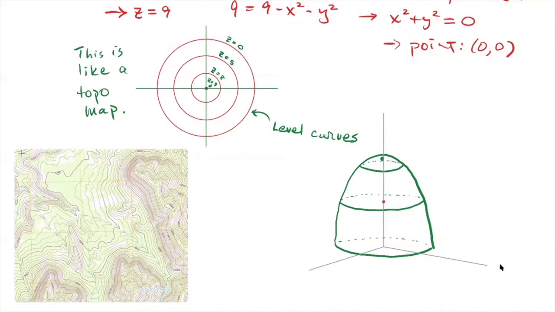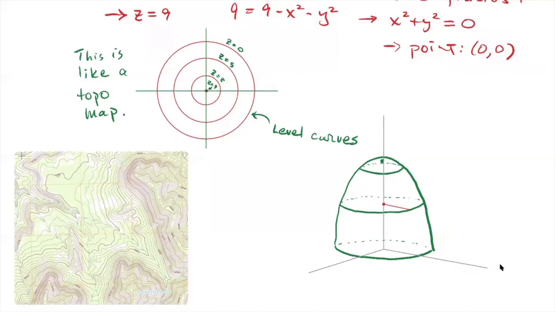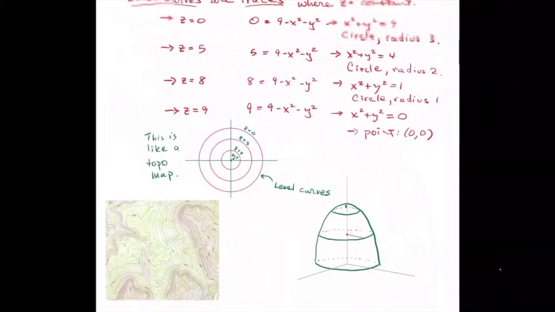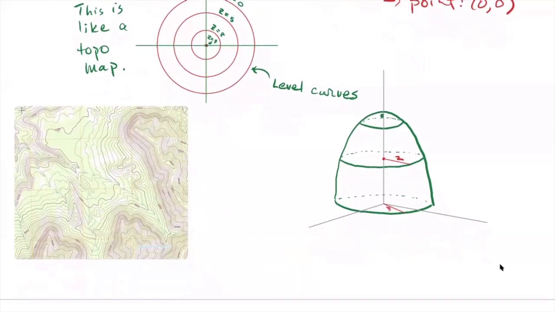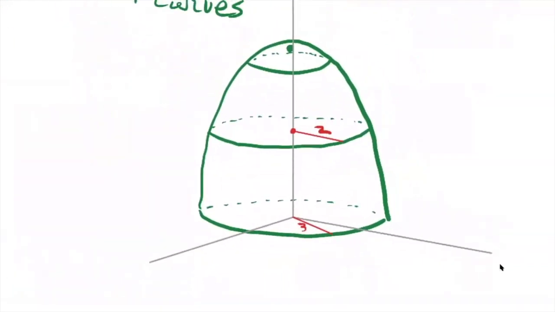So here, I think my radius, was that a radius of 2 right there? And then maybe down here, that was a radius of 3, and so on.